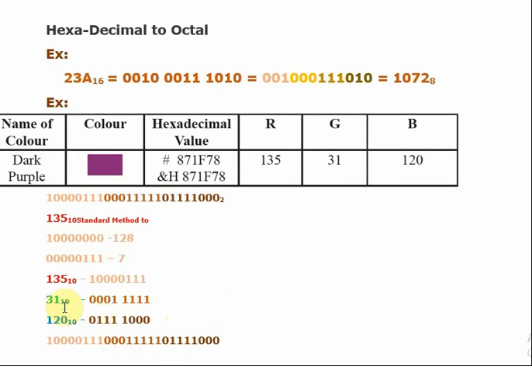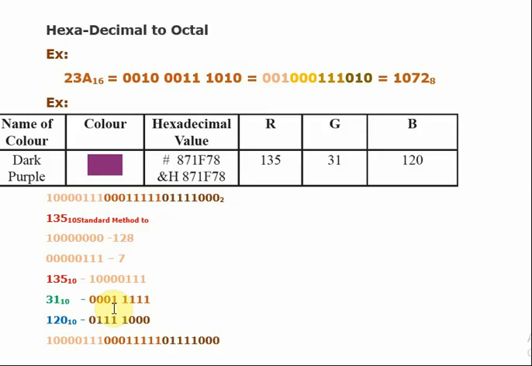Now see 31 decimal. 31 is closer to 16. Here 1, 2, 4, 8, 16. Then you put a 1 for 16. Then 15 balance.